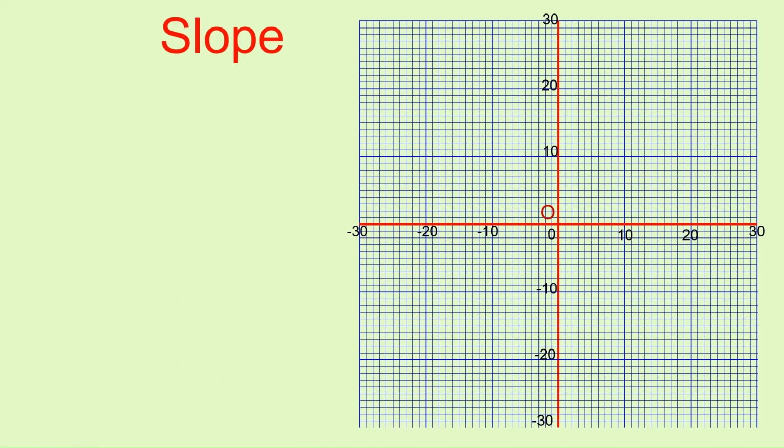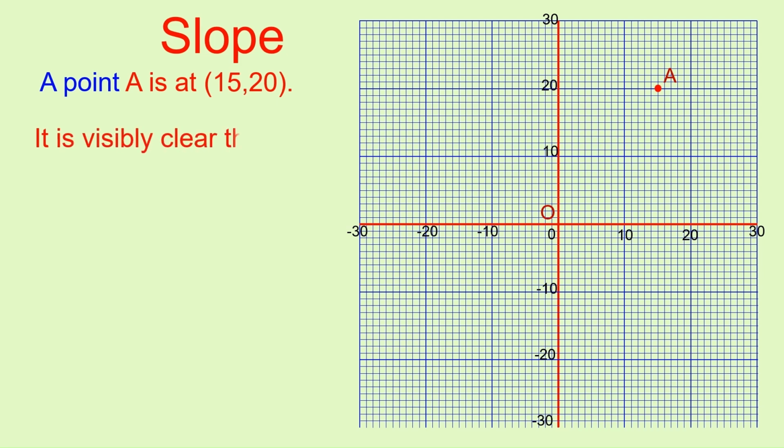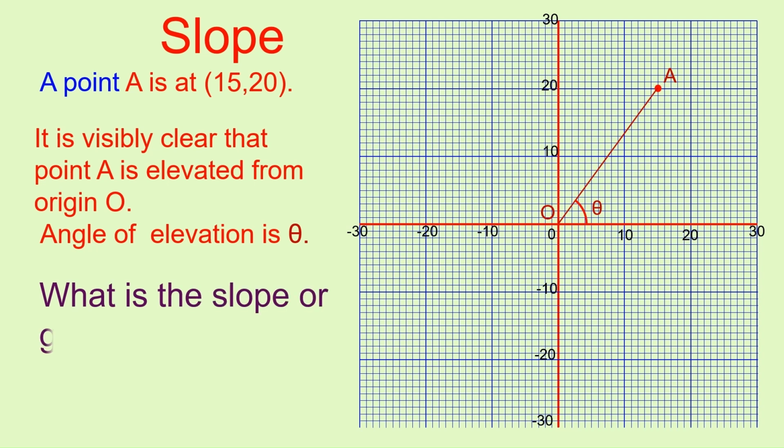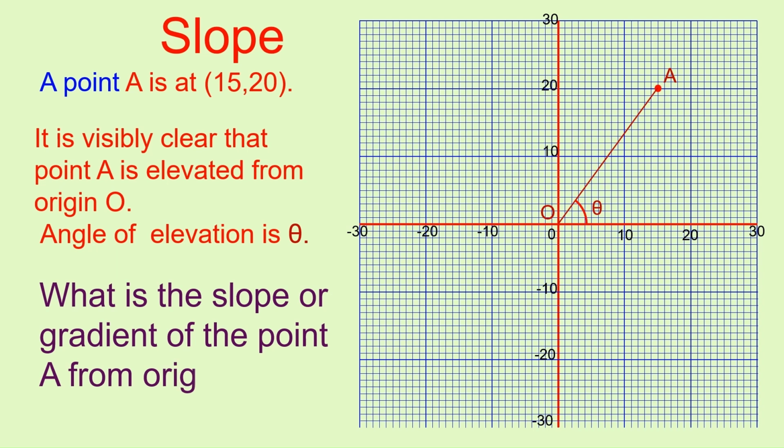The slope at point A (15, 20). It is visibly clear that point A is elevated from origin O. Angle of elevation is theta. What is the slope, or gradient, of the point A from origin O?